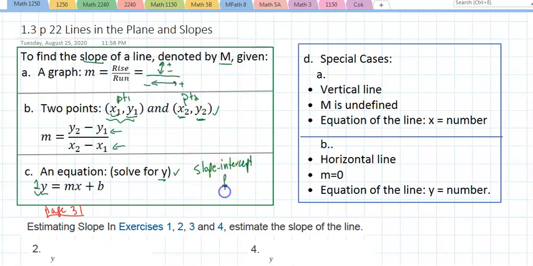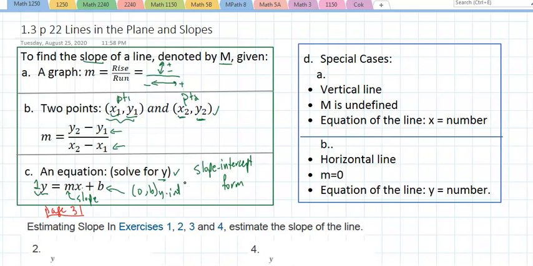Very important form. Most books ask for it. The reason for that is the number in front of x would be my slope, and there's an added bonus. If I let x equal 0, I'll get y to be b, which is the y-intercept. That's a point on the graph. I'll talk about what that means as soon as we get to the examples.